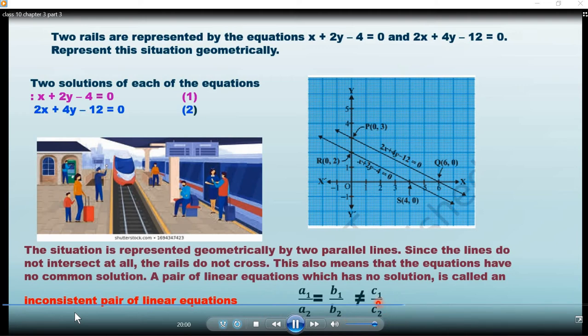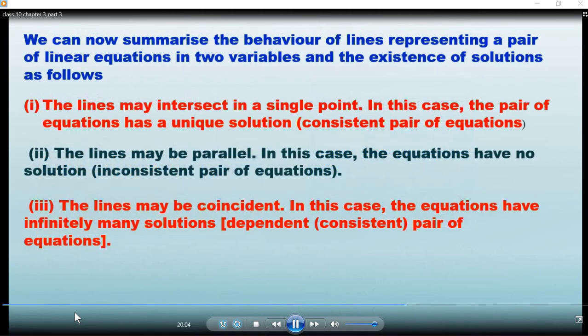Now we are going to summarize this into a table. Let us summarize the behavior of lines representing a pair of linear equations in two variables and their solutions. If the lines are intersecting at one point, then they are a consistent pair.